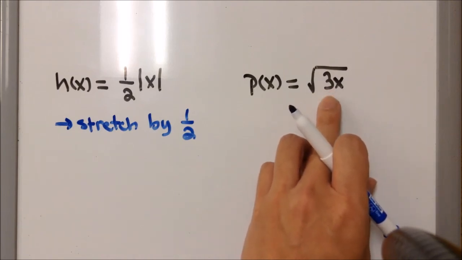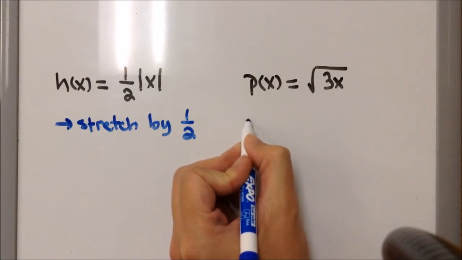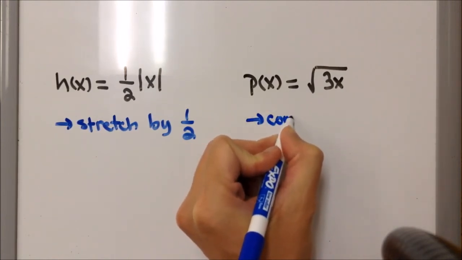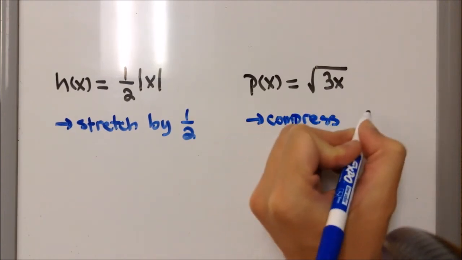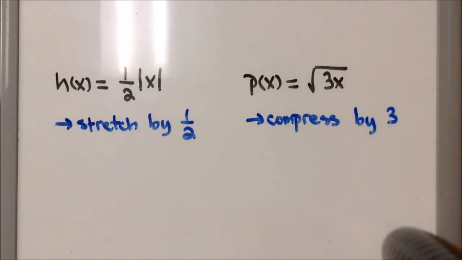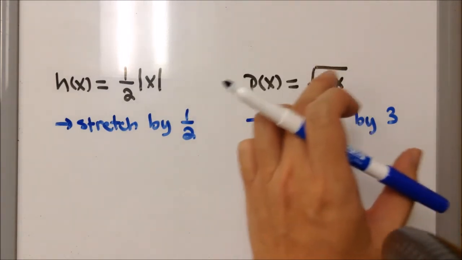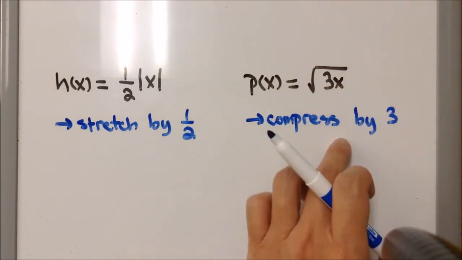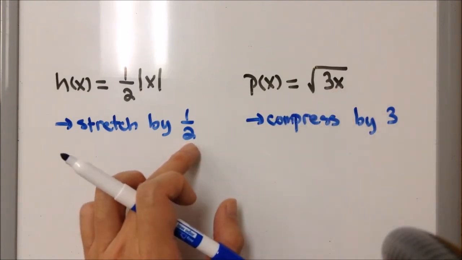Since this is a whole number, the dilation transformation will be compressed by a factor of 3. So again, p of x equals the square root of 3x. The transformation is compressed by 3. Again, this 3 came from here, this 1/2 came from there.